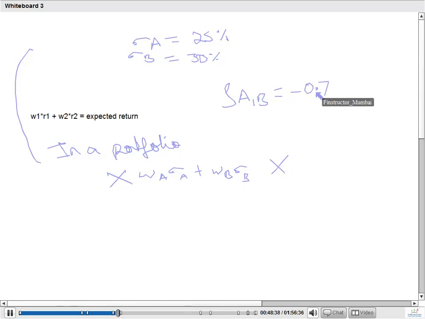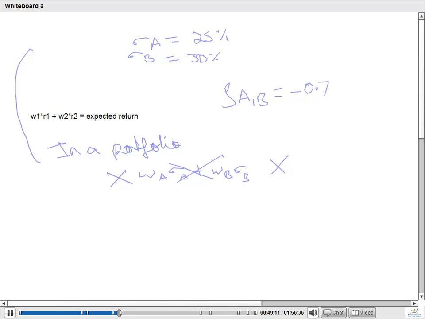So when A moves up, B falls, and when A falls, B moves up to cushion the impact of the other. So whenever any one stock falls, the other stock rises to cushion the impact of the fall. So what the combination of the two assets does is, it reduces the risk of the portfolio from simply a weighted average summation. So this will not be the risk of a portfolio.